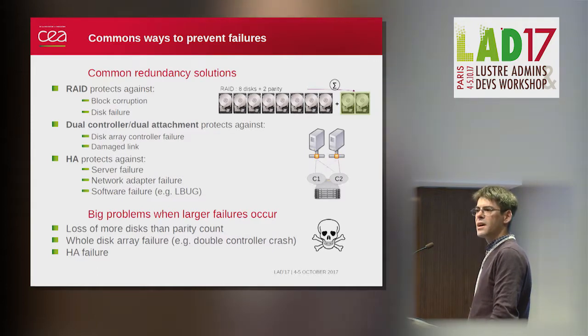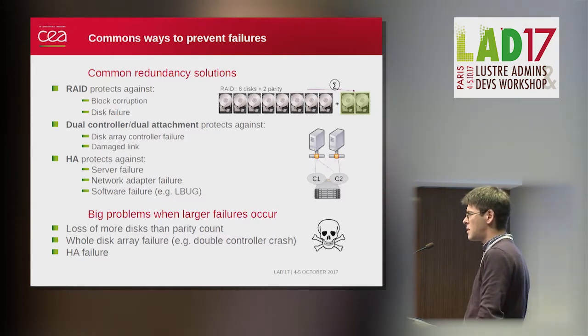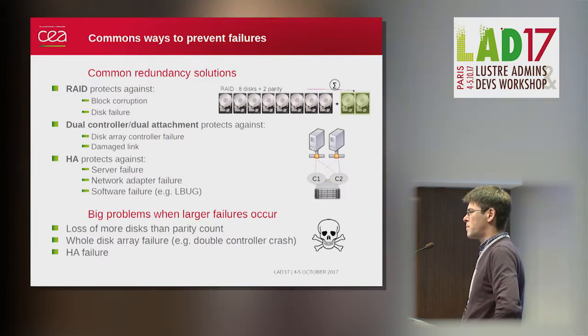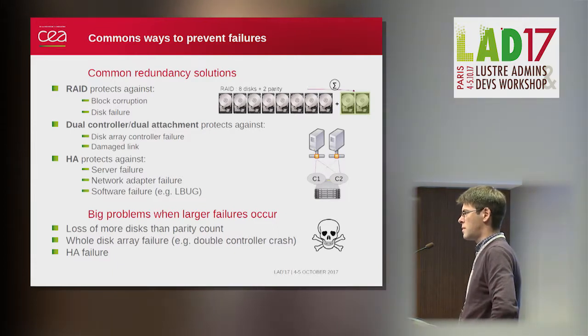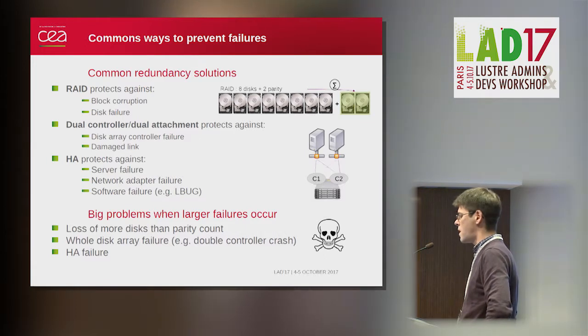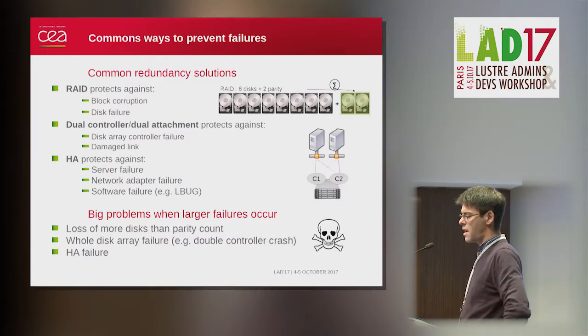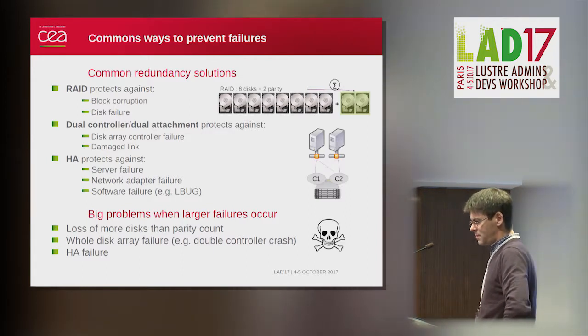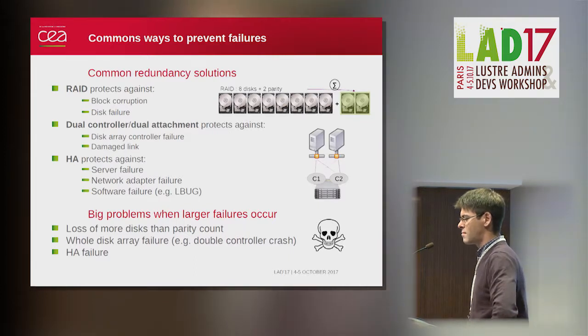And on top of that, there is high availability with Pacemaker to deal with server failures, network adapter failures, or even software failure like LBUG. We could also have file level replication that will help with that.